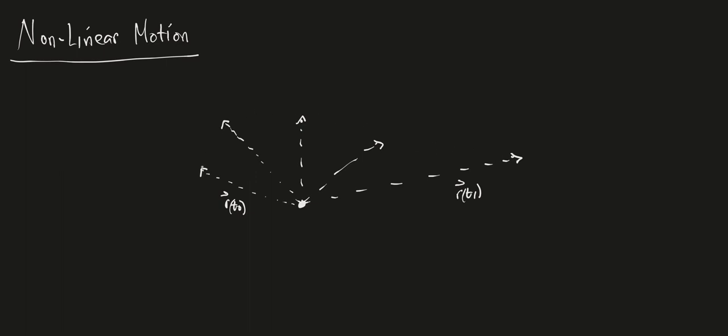Then we define the terminal points of these position vectors, and we use these terminal points to define a curve. Now suppose we have an object on that curve, moving along a certain trajectory.